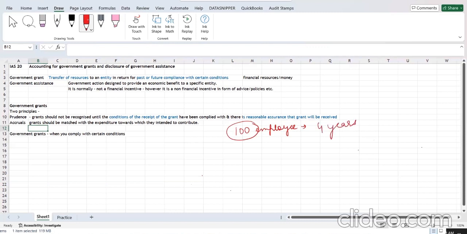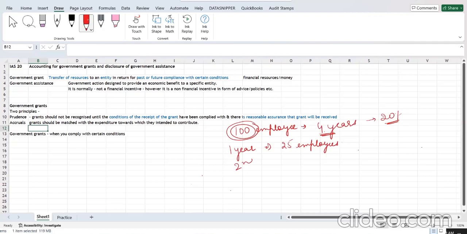In 4 years, you have to give jobs to 100 employees, and if you do that, then I will reimburse you 20% of your payroll cost, right? So now if you have to give 100 employees jobs in 4 years, then each year you will be giving jobs to 25 employees, right?